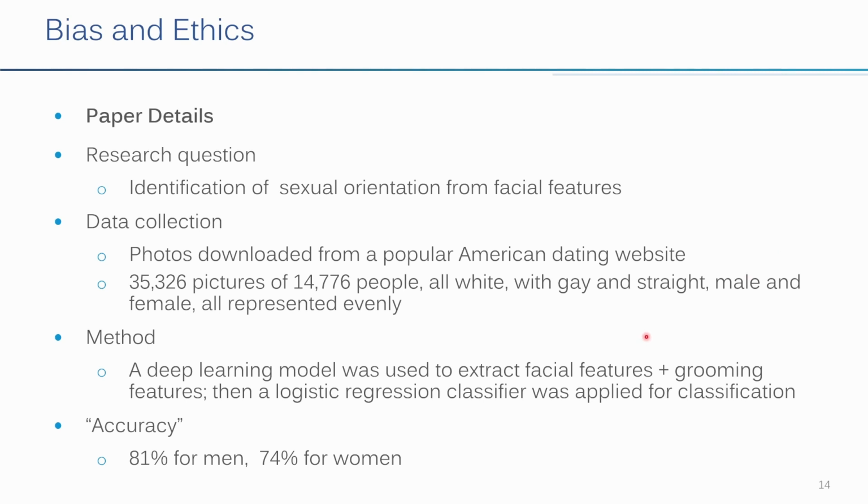And then their method was simply to define a deep learning model to extract these features, plus grooming features, and then feed them into a logistic regression classifier and perform this classification for gay and heterosexual men and women. And they were, between quotes, successful, and the reported accuracy was 81% for men and 70% for women.